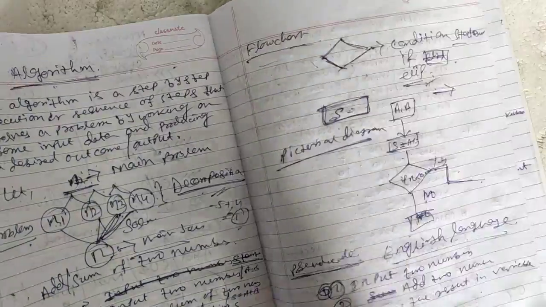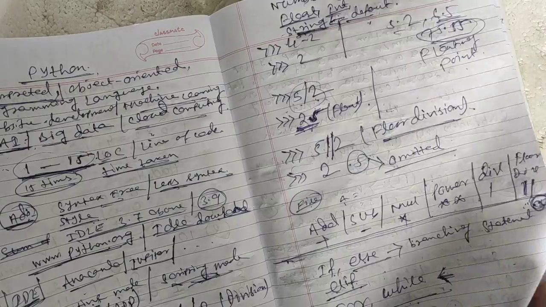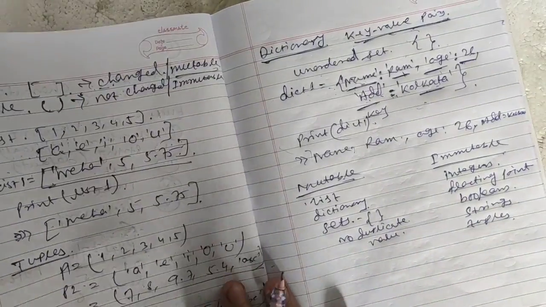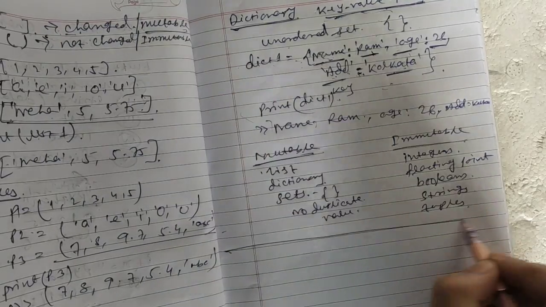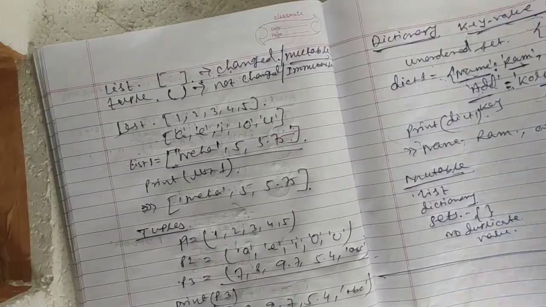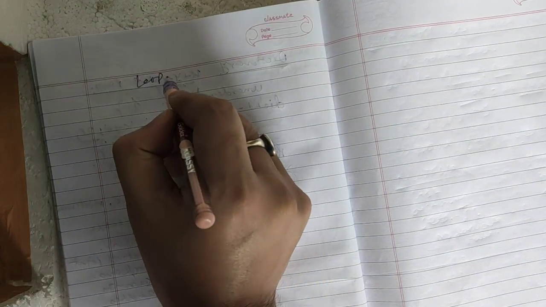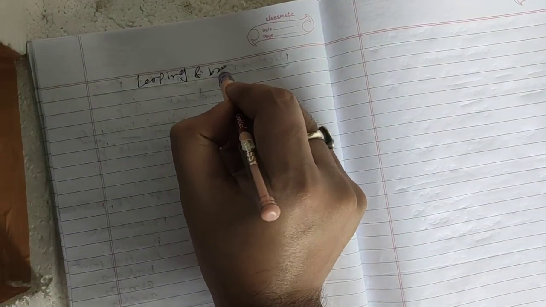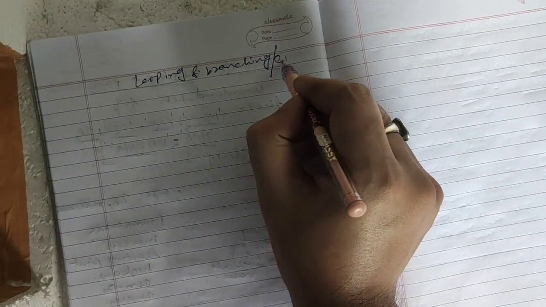Today we are starting from the previous topic: looping or branching, conditional statements.